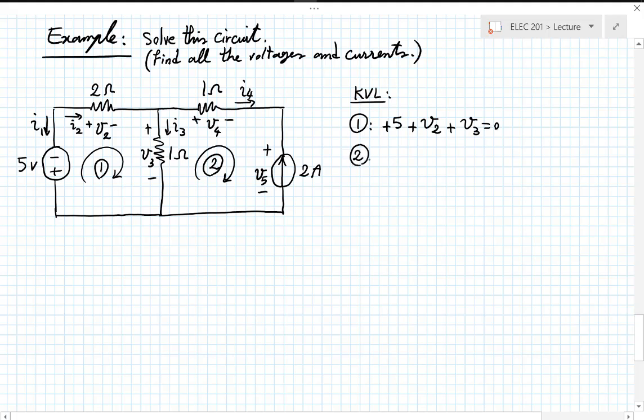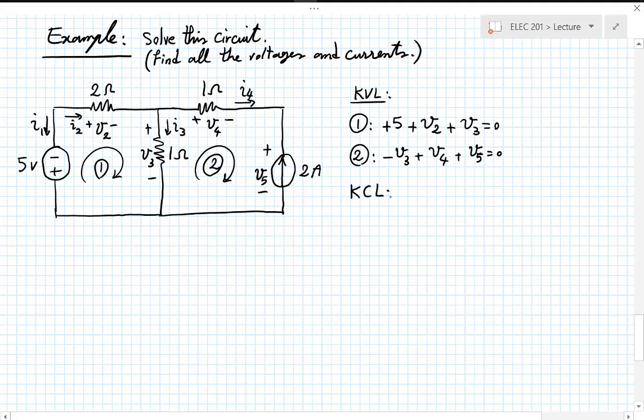Second loop. If I start from the bottom left, for no reason other than my personal preference, I encounter V3 with a minus sign, and then V4 with a plus sign, and then V5 with a plus sign. And that's it. The third KVL, which would be around the big loop, is the sum of these two.